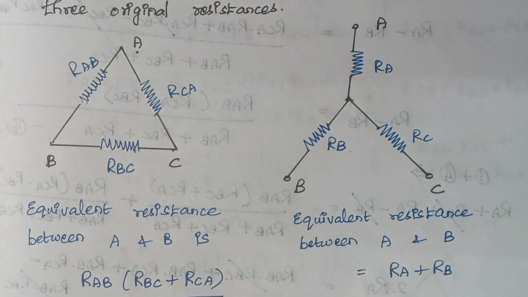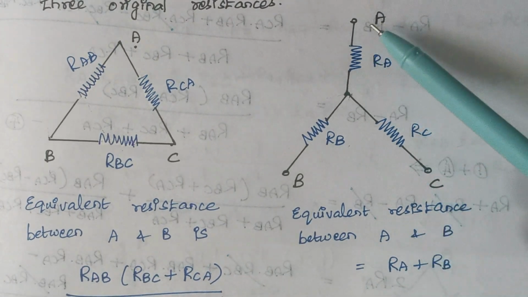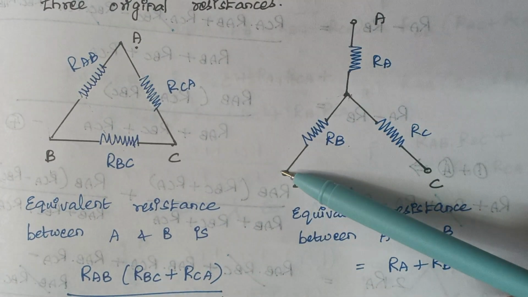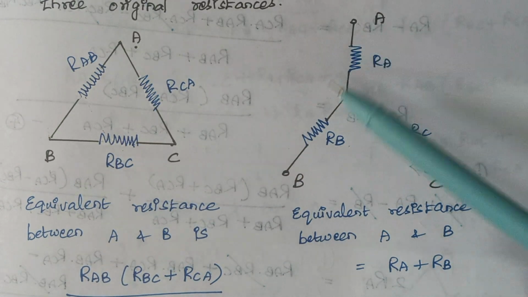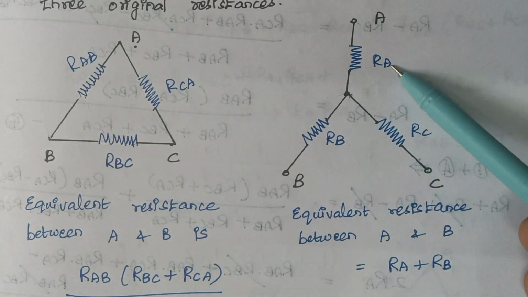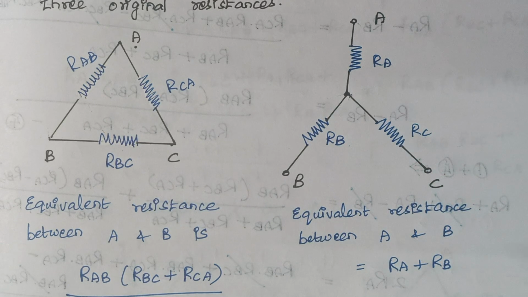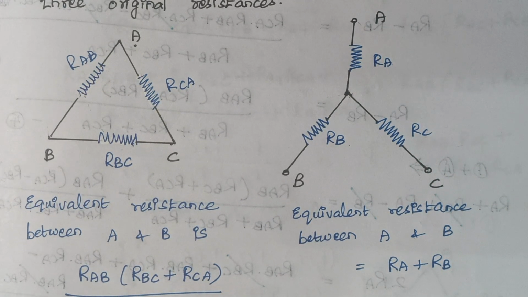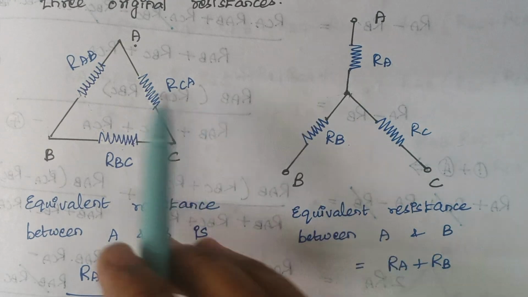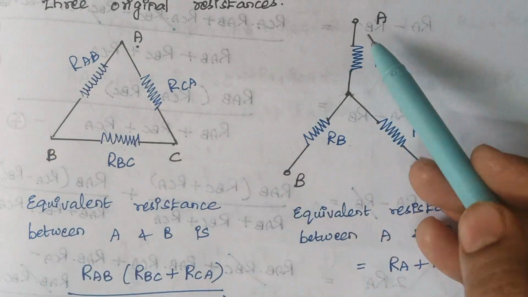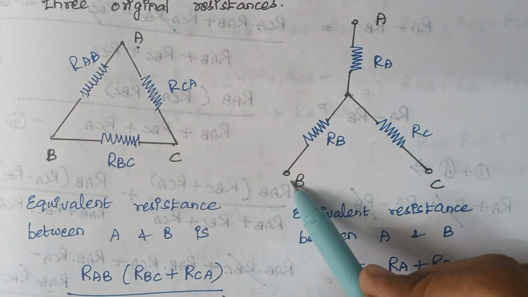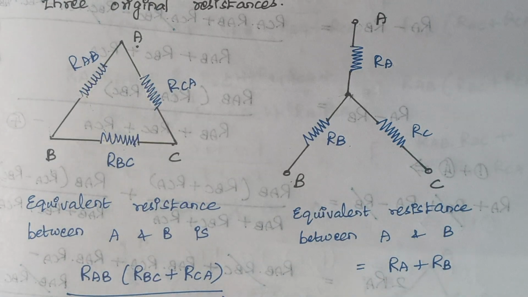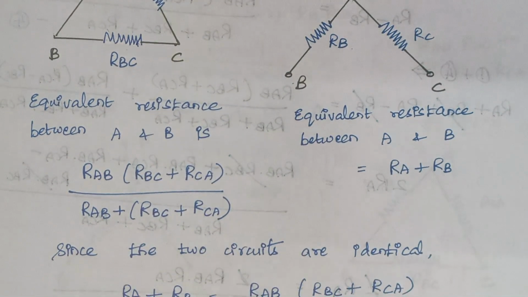In the star network, the resistance between A and B is calculated as RA plus RB. The equivalent resistance is connected between terminals A and B in both cases, so both are the same and we equate them.